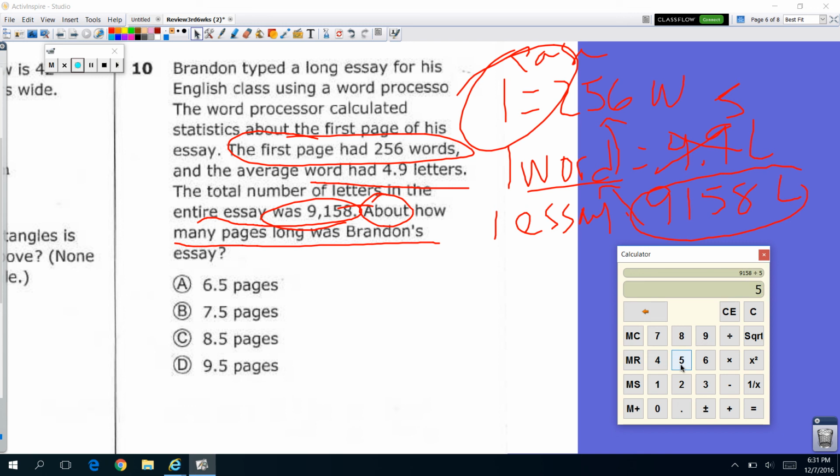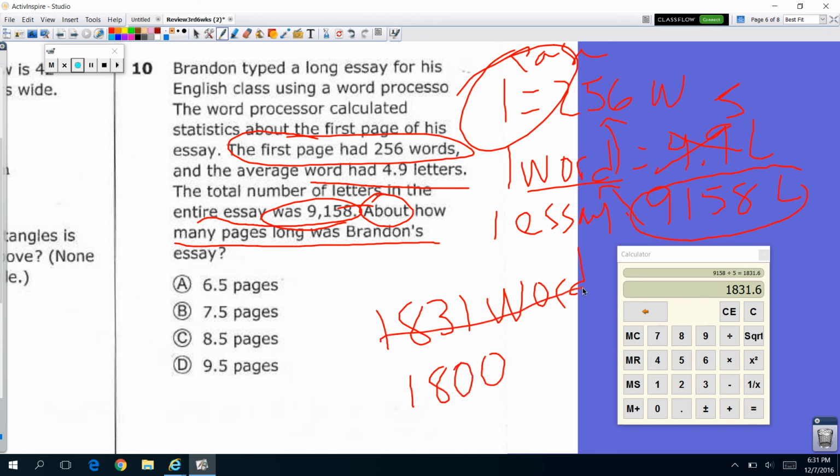That gives me 1,831 words. I know it says 0.6, but I'm rounding. And in fact, instead of using 1,831, I'm just going to say 1,800 because I'm rounding. That's how many words there are.